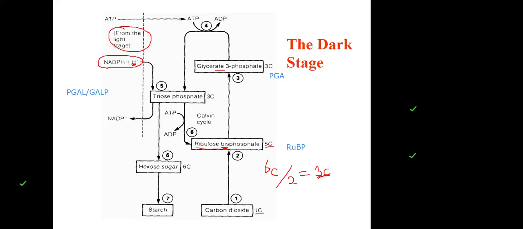And then for this regeneration of ribulose bisphosphate, there must be energy involved. This energy comes from the breakdown of the ATP molecule. So the ATP molecule is broken down into ADP, and the phosphates are used to regenerate the ribulose bisphosphate.